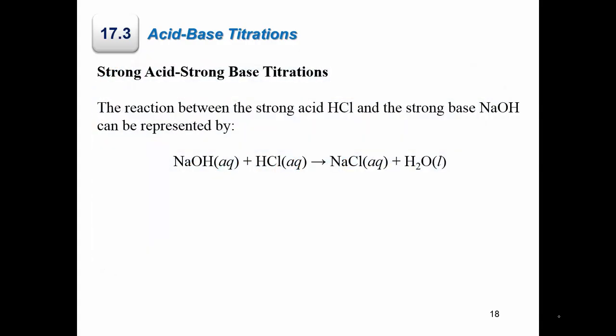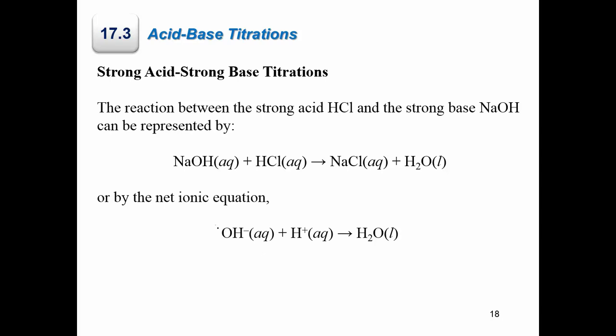In the laboratory, one way to measure the concentration of an unknown acid or an unknown base is with a technique called titration. And this is actually just an acid-base reaction, but it's a controlled acid-base reaction. And the reaction between a strong acid and a strong base always forms water and a salt. Now, you have to pay attention to the stoichiometry, but the net equation here is that hydroxide is reacting with hydrogen in order to form liquid water.